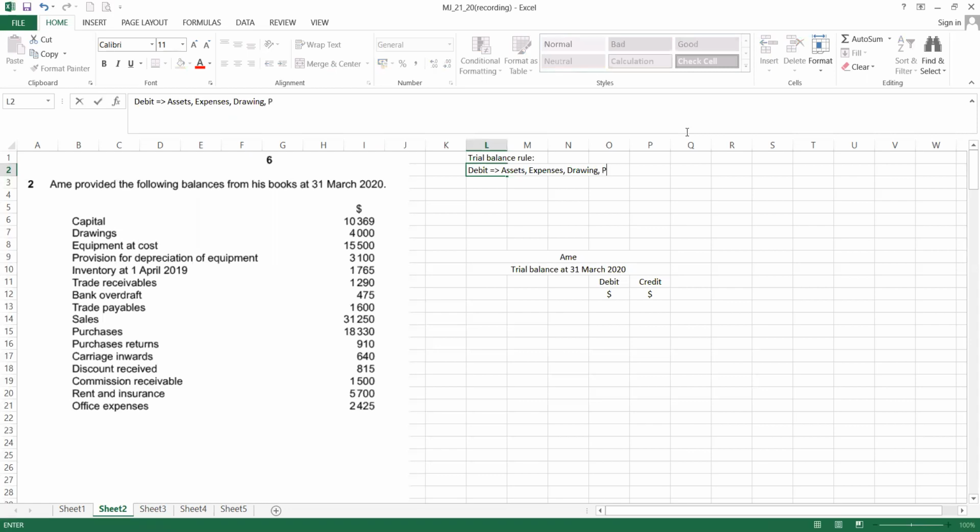If you have any sales return, it is also on the debit side. There's some general idea about the trial balance. In the credit, you have liability, capital, and what else? Purchases return, and then provision account. So this is the general idea about the trial balance rule.